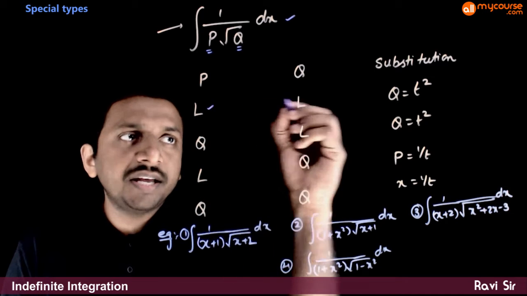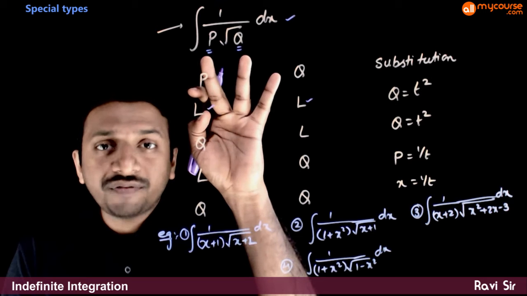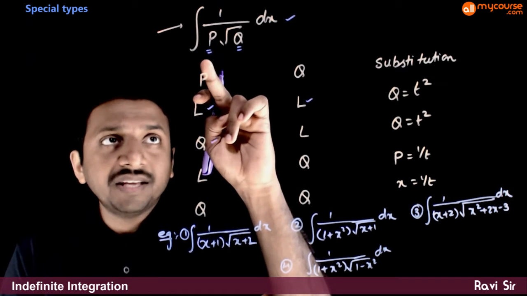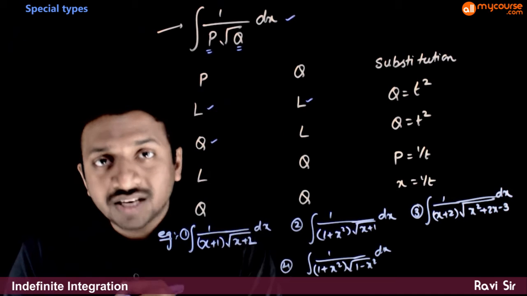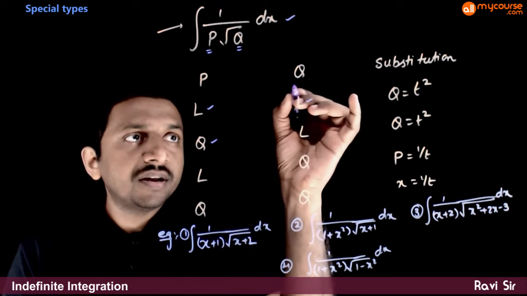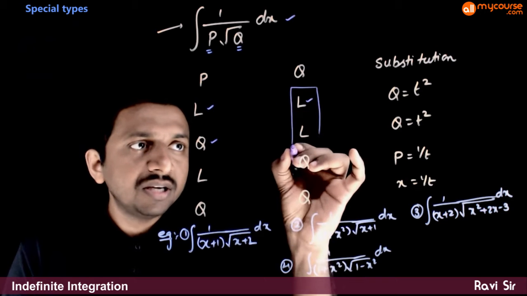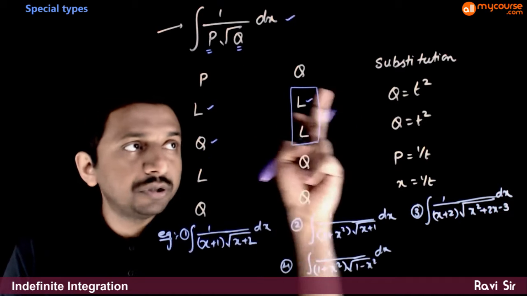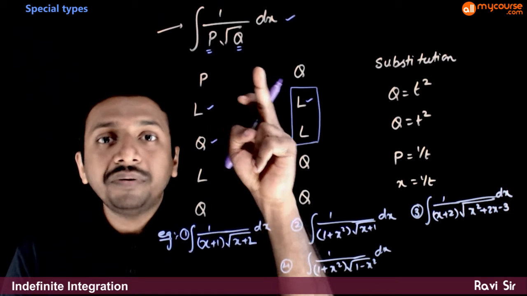So if p is linear, q is linear, both the functions are linear functions, or p is quadratic and q is linear. So whenever the expression inside the square root is linear, we just do the substitution q is equal to t square.